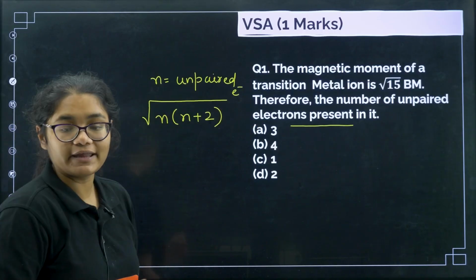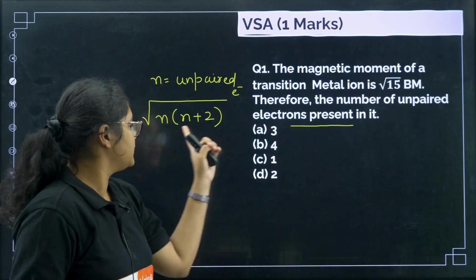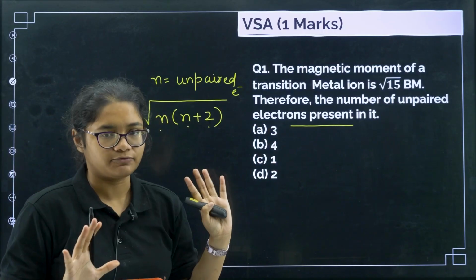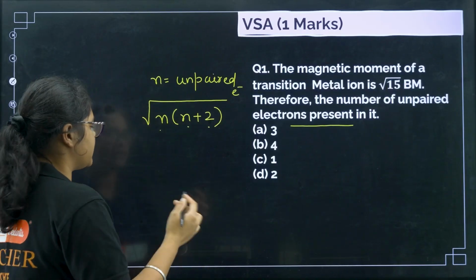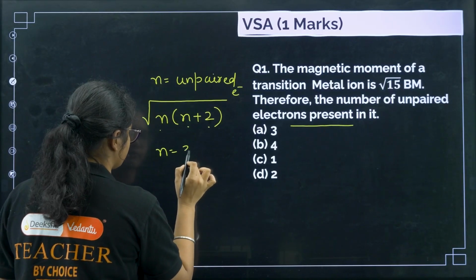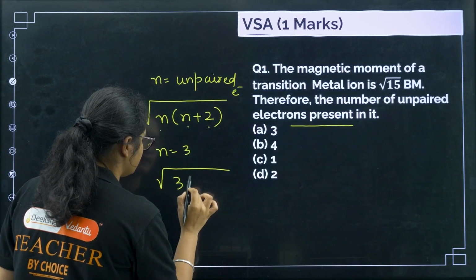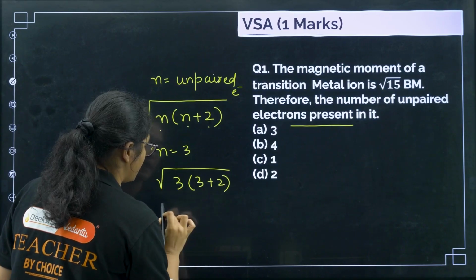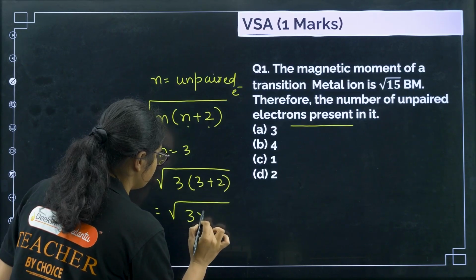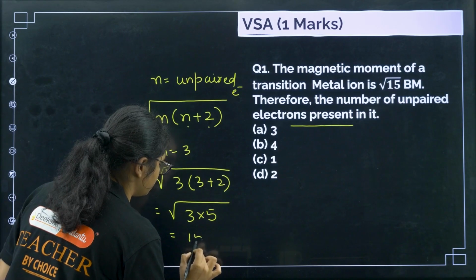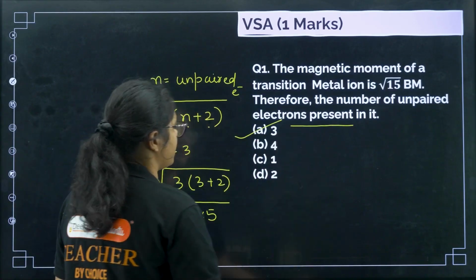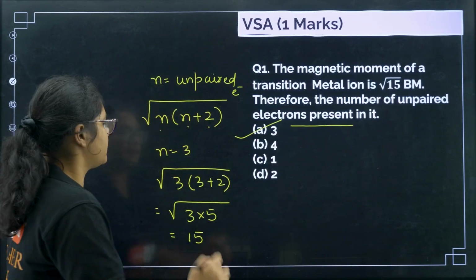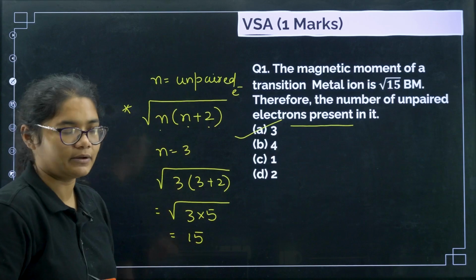Now here, n into n plus 2 is 15. How can I arrange them? Very simple. If I take n is equal to 3, then what will I get? 3 into 3 plus 2, that is 3 into 5, that is 15, right. So what is the n value? The n value has to be 3. Very simple question. This formula is what you need to remember.